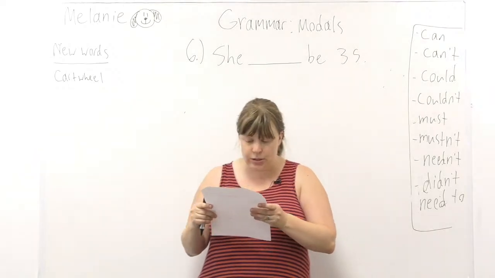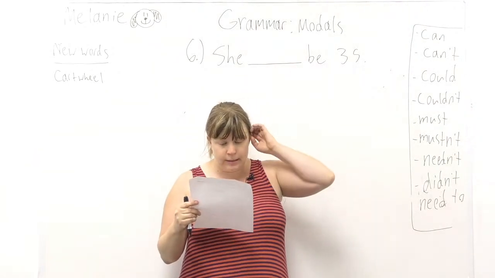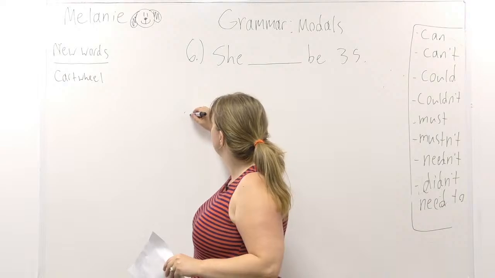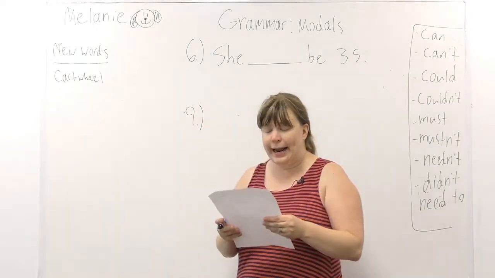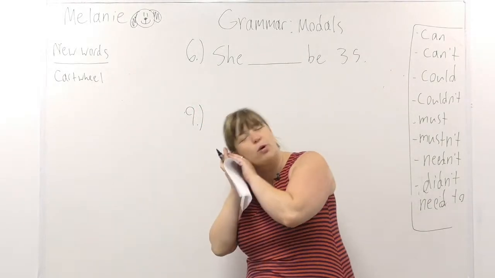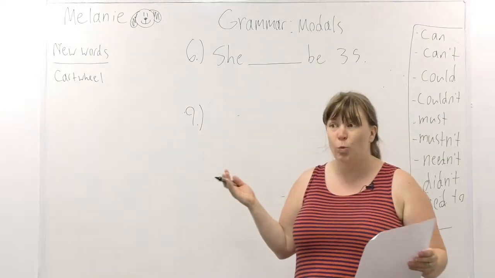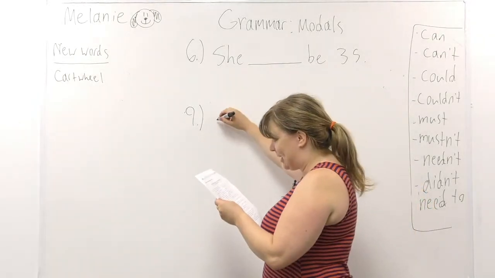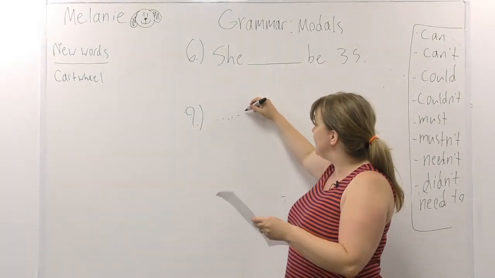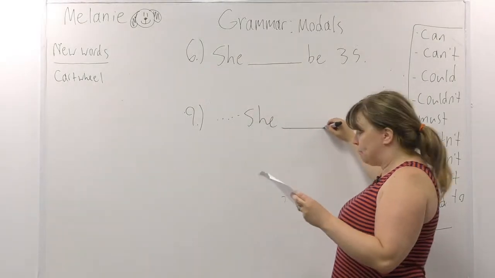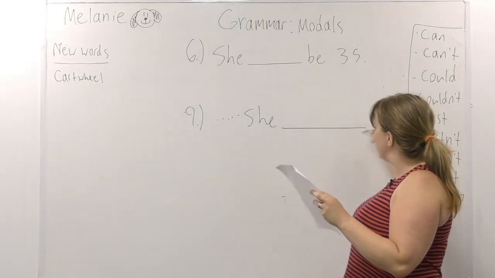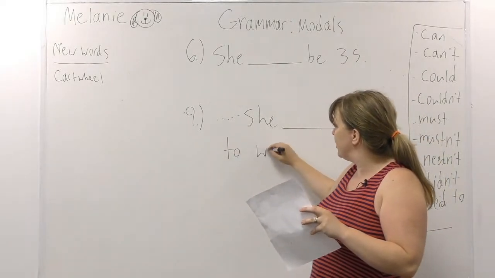And let's do number 9. Anne stayed in bed this morning. Oh, she got to sleep. Why is Anne still in bed this morning? Because she blank go to work.